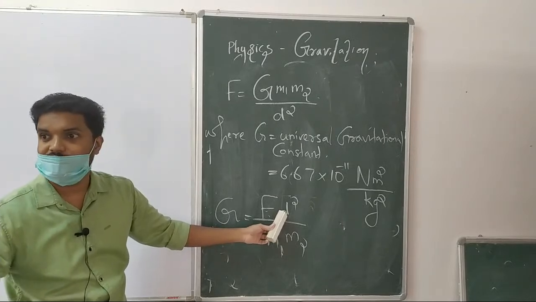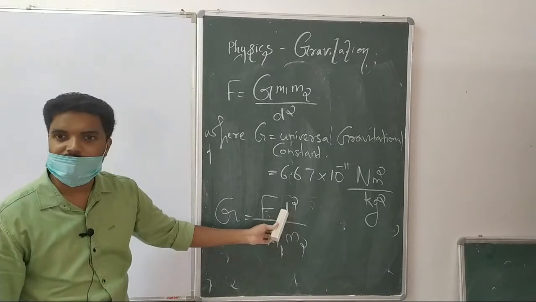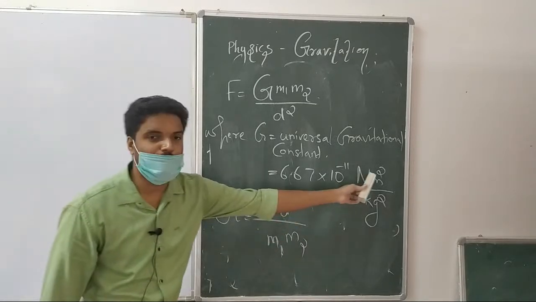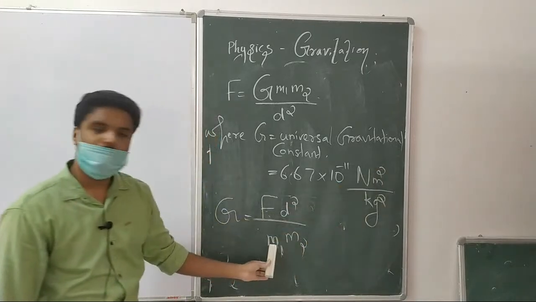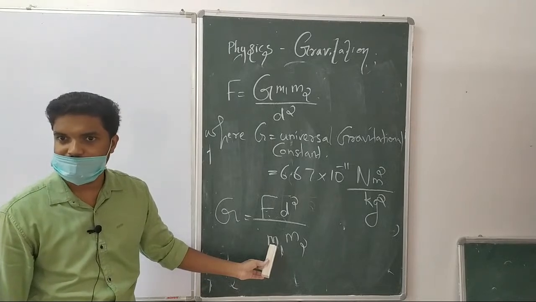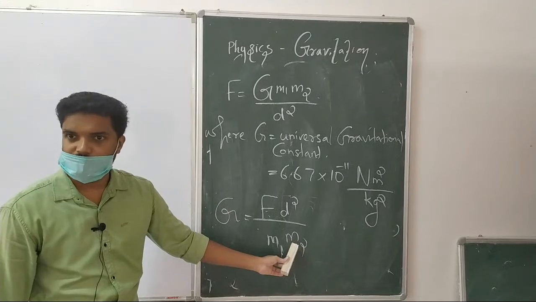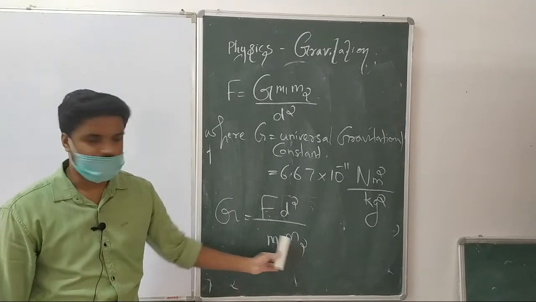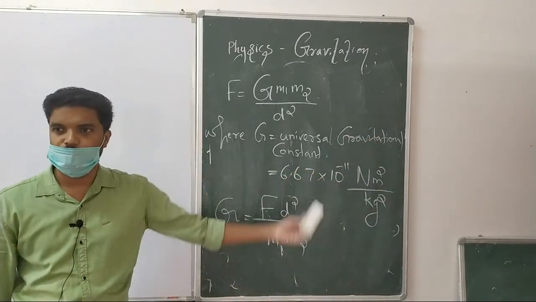We will call everything in fundamental quantities. Length is the first fundamental quantity. Length unit is meter, so d square unit is meter square. Divided by m1, which is a mass. Mass SI unit is kg. Again m2 is a mass, SI unit kg. kg into kg, kg square. Finished. That's why the unit came.